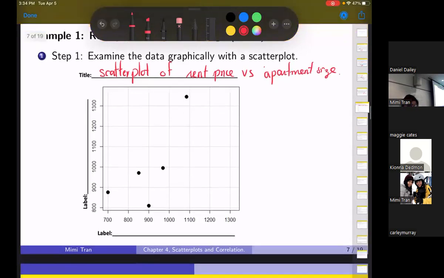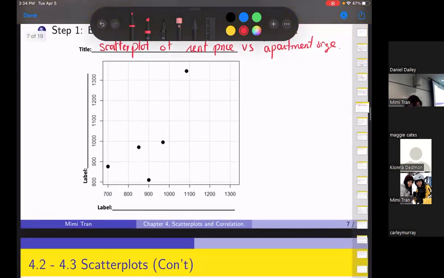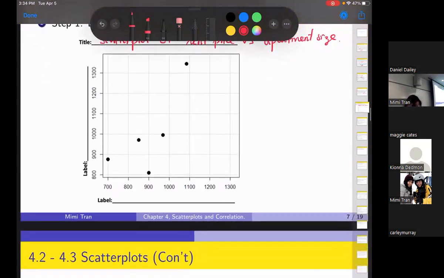And then what the x-axis should be? What should I put here? Thank you, Anthony. Apartment size in square feet.